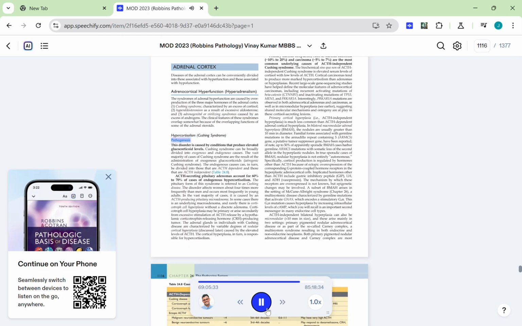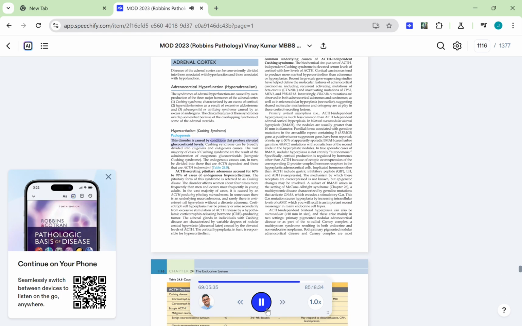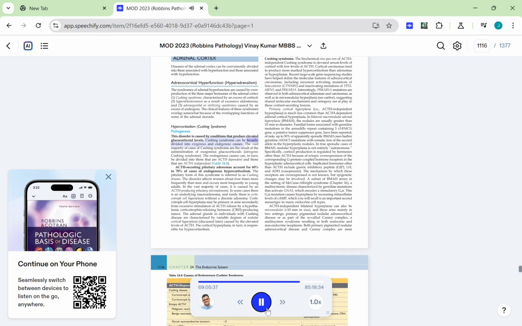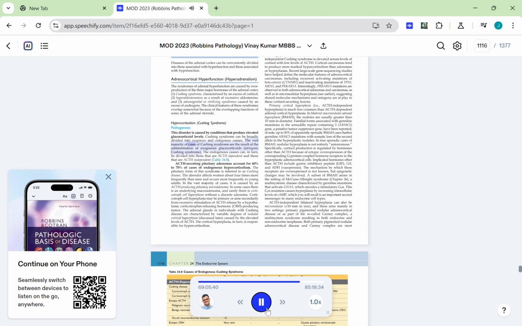Hypercortisolism, pathogenesis. This disorder is caused by conditions that produce elevated glucocorticoid levels. Cushing syndrome can be broadly divided into exogenous and endogenous causes. The vast majority of cases of Cushing syndrome are the result of the administration of exogenous glucocorticoids.